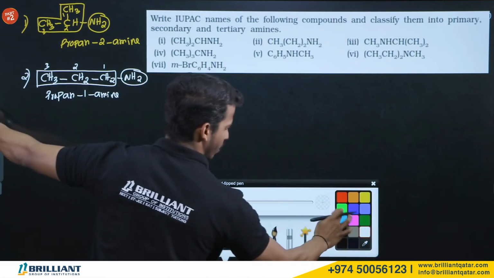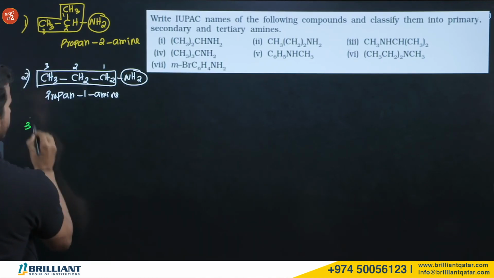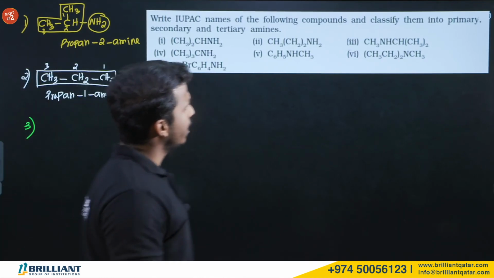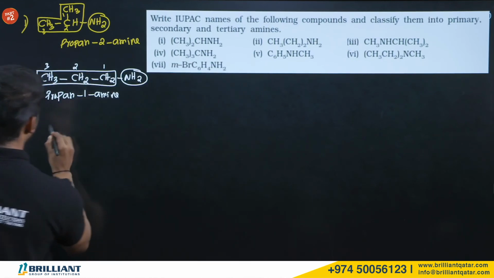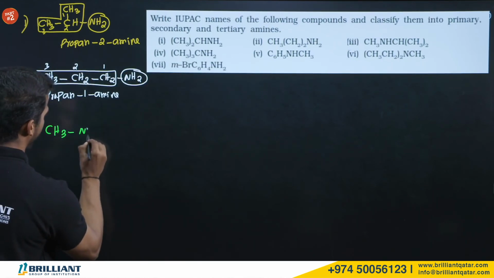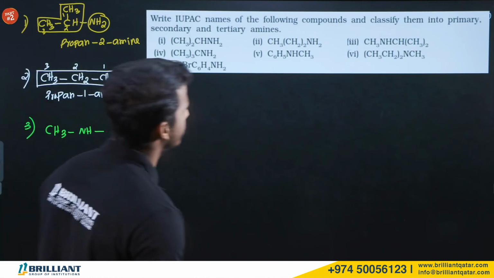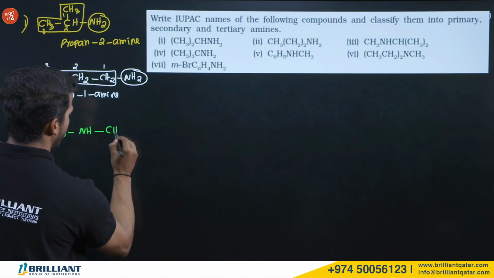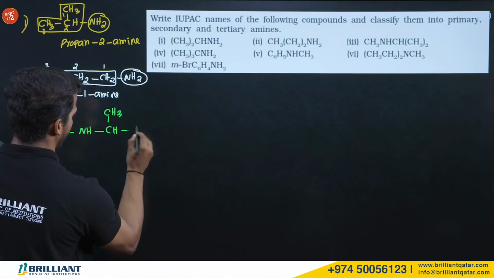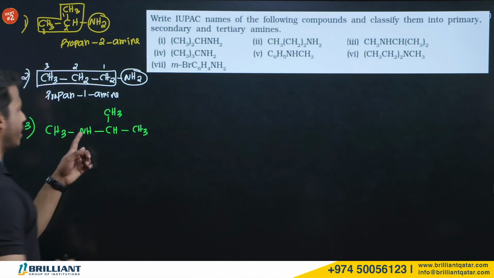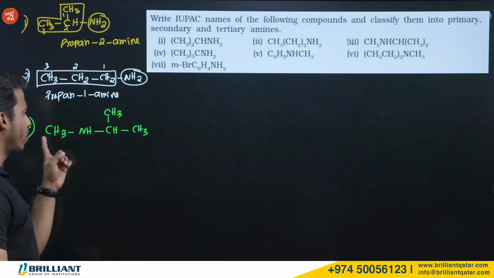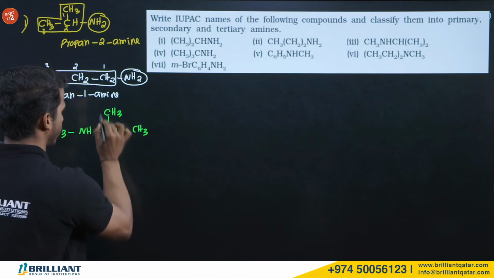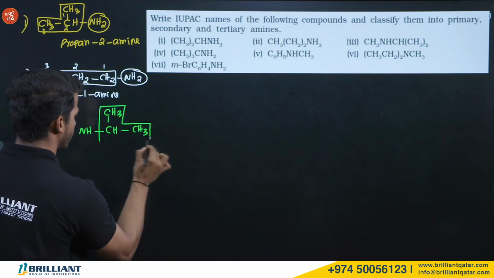Alright. Next question. Question number 3. CH3NH. Then we have CH. On the CH we have 2 CH3 groups. On the nitrogen, it's a secondary amine, right? Left side 1 carbon, right side total 3 carbon. So 3 carbon, this is the longest chain.